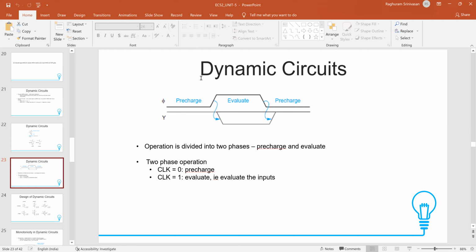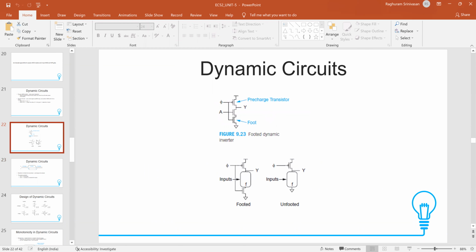When the clock becomes 1, then the PMOS stops conducting. The PMOS transistor is on top. So when phi equals 1, PMOS is off, but now the NMOS is on. And in the previous stage, Y was pre-charged to high.